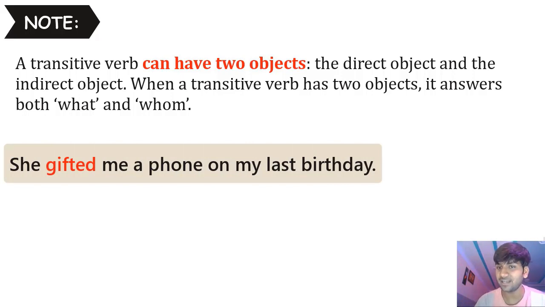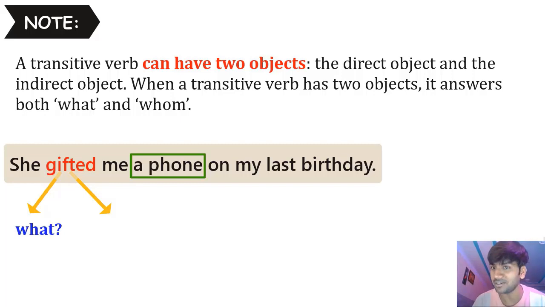Let's ask the question. She gifted what? She gifted a phone. A phone is the direct object, right? A direct object is the object that receives the action directly, and the indirect object is the person who receives the direct object, who the direct object goes to, right?